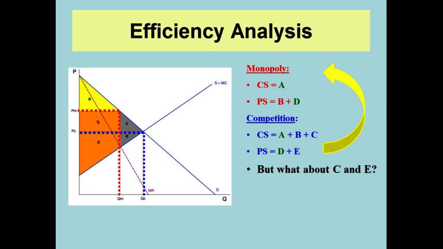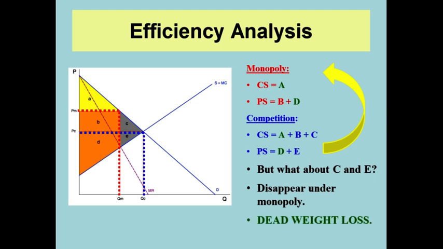Consumers got C, producers got E, but under monopoly, they completely disappear, right? Because again, the monopolist is only producing QM. We call this area C plus E the deadweight loss. So that gray triangle to the right of QM is deadweight loss. It's area that simply disappeared.